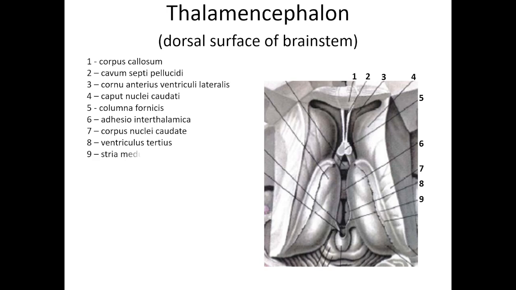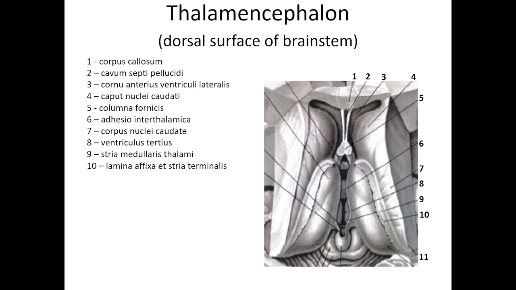Number 9, stria medullaris thalami, narrow white matter line which goes on the periphery of the thalamus. Number 10, lamina fixa and stria terminalis, as prolongation of stria medullaris.